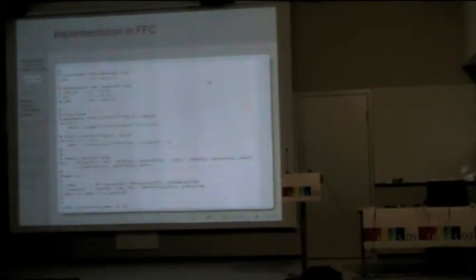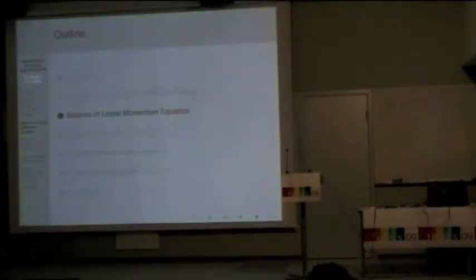After that we write the weak formulations for the linear form, and for the bilinear form we recently implemented automatic differentiation. I'll show later what the advantage of doing that is.